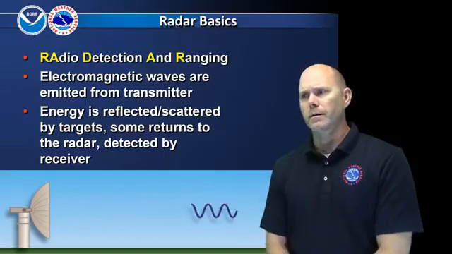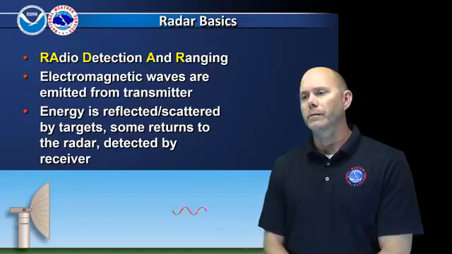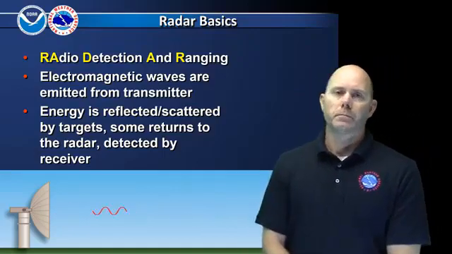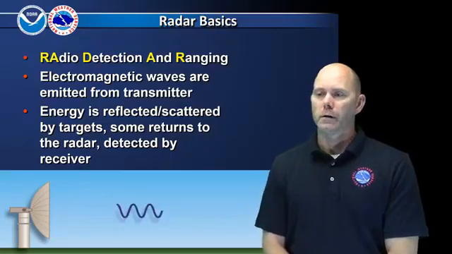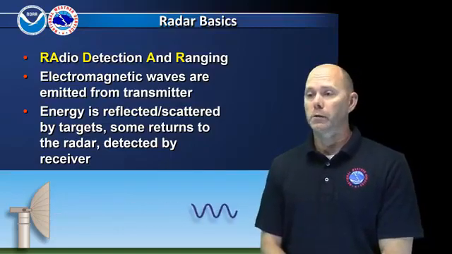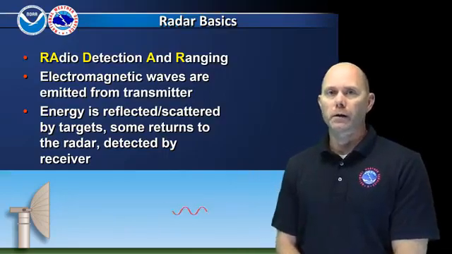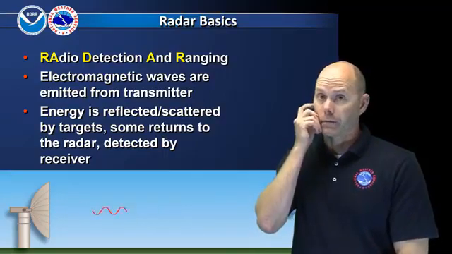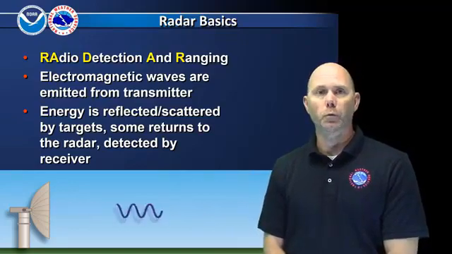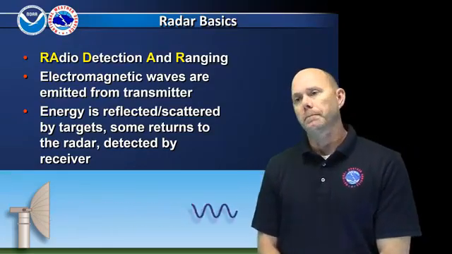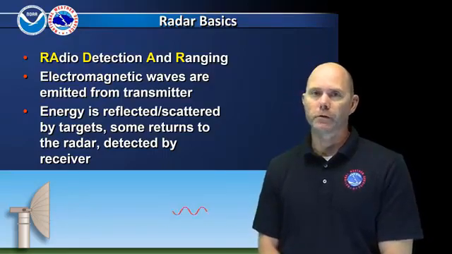First, talking about radar basics, it is an acronym, meaning that every letter of radar stands for another word. What it stands for is radio detection and ranging. Now, radar has been around for a long time. I guess it started to be used in World War II, and it was developed initially before that, so nearly 100 years.